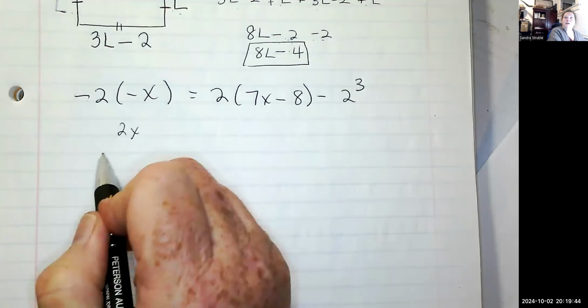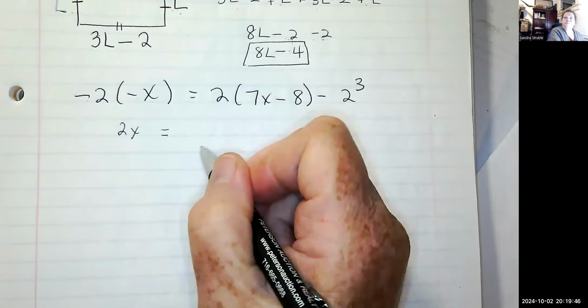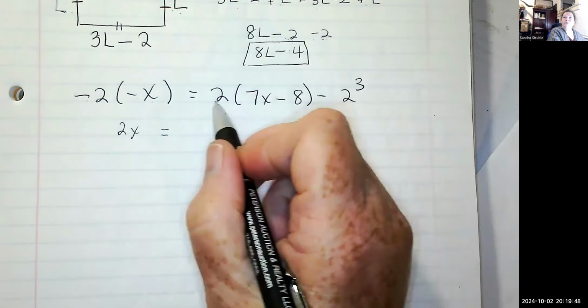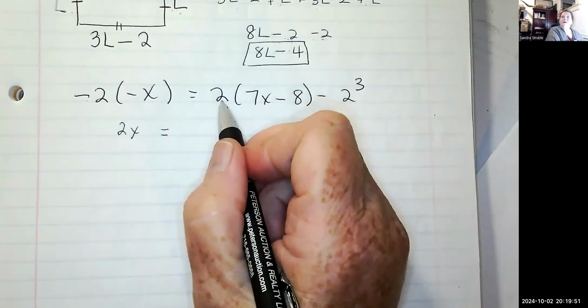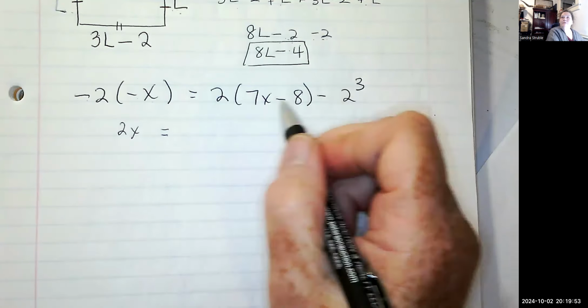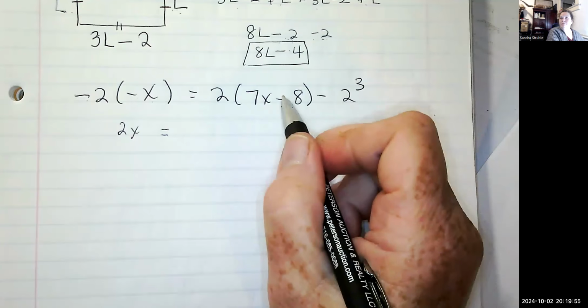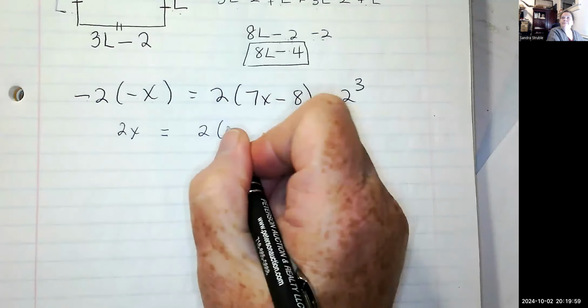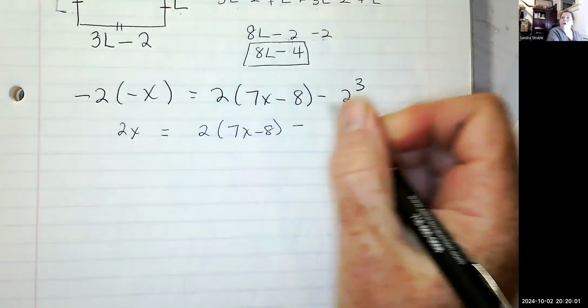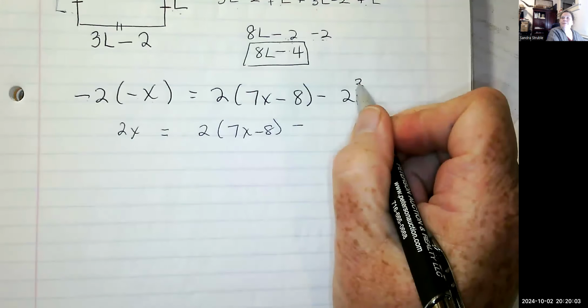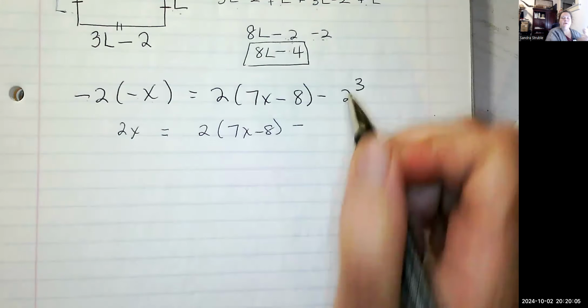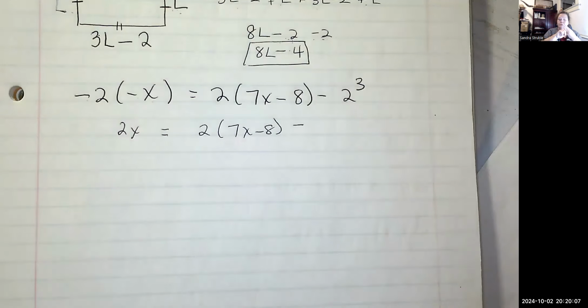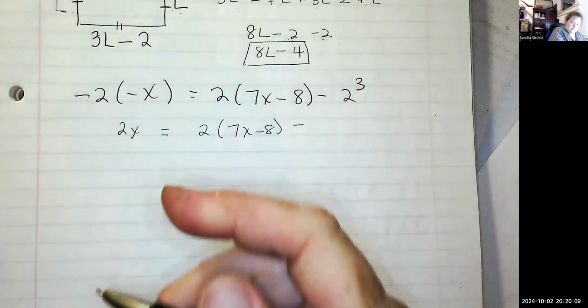Negative times a negative is a positive. Equals. All right, that was one side of the equal sign. Now let's see here. We've got multiplication. We've got a parentheses. We can't combine these terms. They're not similar. Minus an exponent. So I'm going to bring this down. The exponent 2 cubed is 2 times 2 times 2, which is 8.